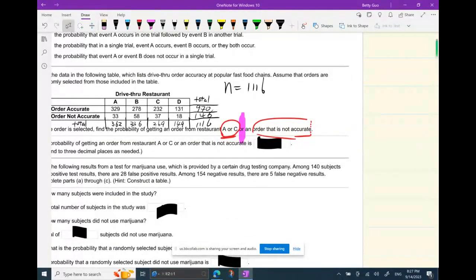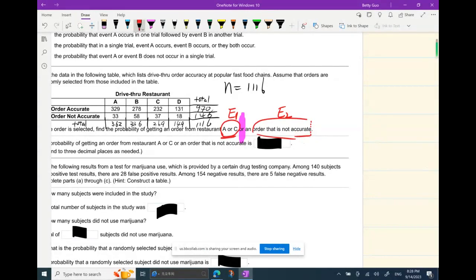How do I label that? We use E sub 1, E sub 2, for events, where the initial is E. So we can let E sub 1 be the orders from A or C, and E sub 2 be the order is not accurate.